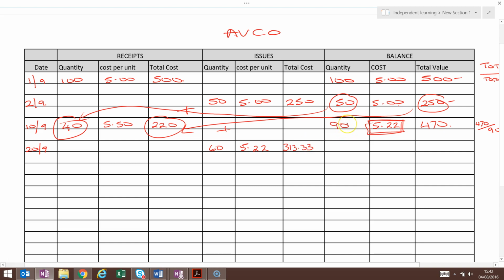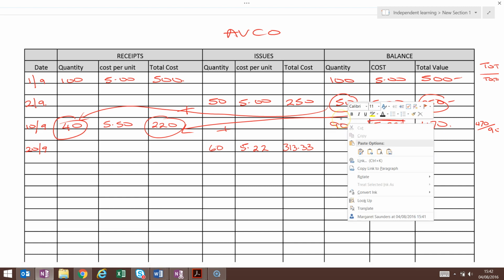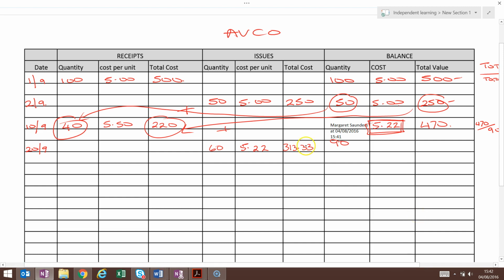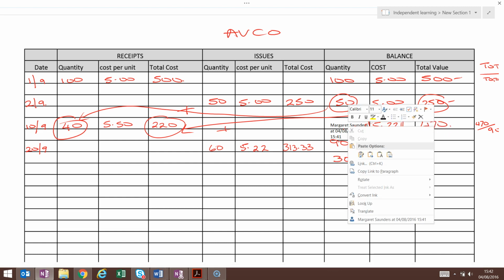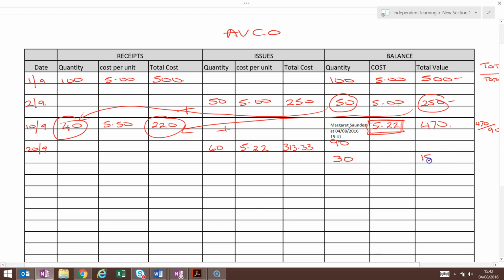So we did have 90 units, we've issued 60, we've got 30 units left, £470. Take away 313.33 means we have 156.67 at an average cost of £5.22.